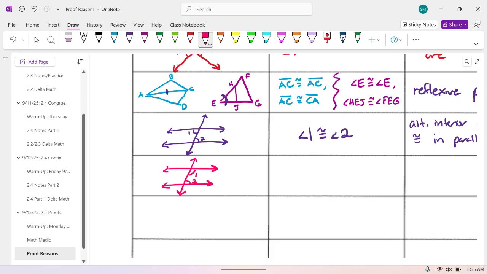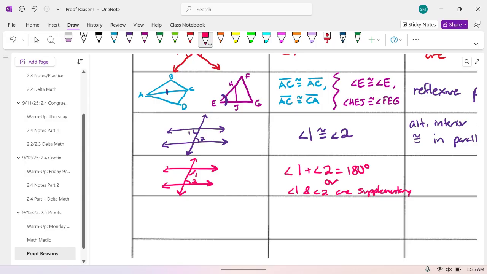They're supplementary. So the way that we would state this is there are two ways. We can either flat out say angle 1 plus angle 2 is equal to 180 degrees, or we could say angle 1 and angle 2 are supplementary. So either one of those two statements you can make.